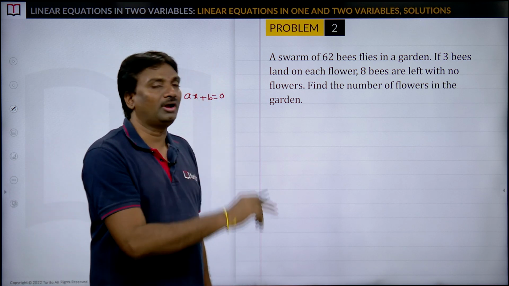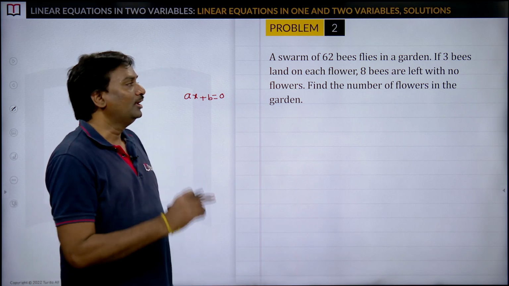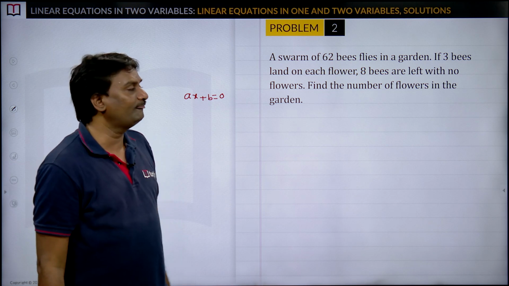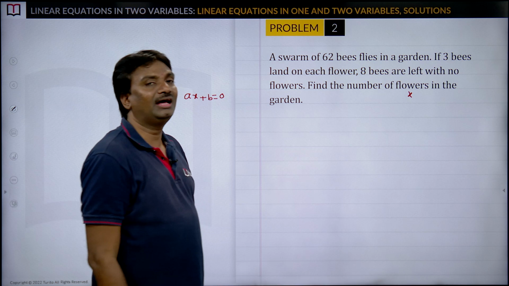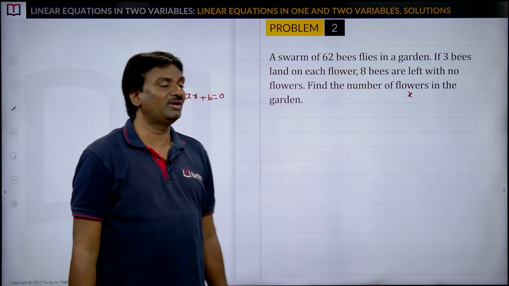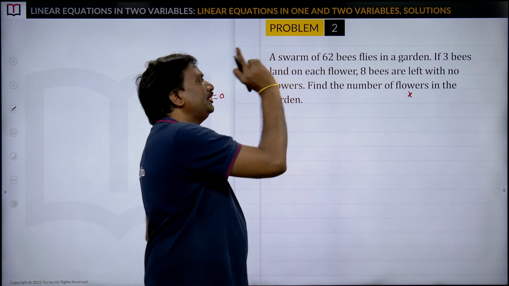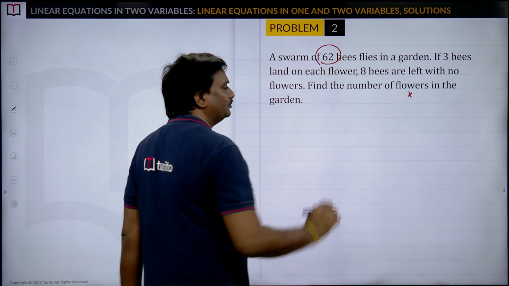According to this problem, we have to form a linear equation in one variable. Since we have to find the number of flowers, let x be the number of flowers in the garden. According to the given problem, the total number of bees is 62.